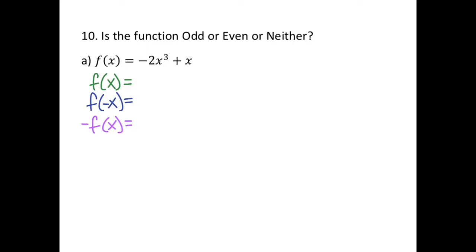In yesterday's notes, we were dealing with x equals 4 and x equals negative 6. That's just two random numbers. You can pick any number you want. I'm just going to pick x equals 2, and that's the number that I'm going to be plugging in to calculate f of 2, f of negative 2, and then I'm going to take the opposite of the answer that we get up here in green, and then I will compare those answers.